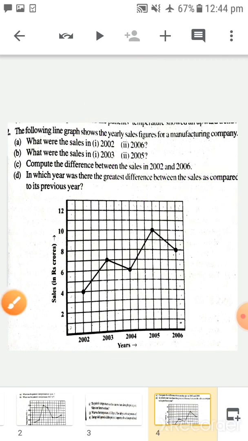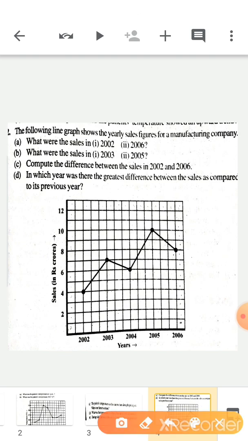Now let's see the D part, in which year was there the greatest difference between the sales as compared to the previous year. Now we have to find out how much difference is there from the previous year. So between 2002 and 2003 the line is this much. Between 2003 and 2004 the line is this much. Between 2004 and 2005 the line is much greater.